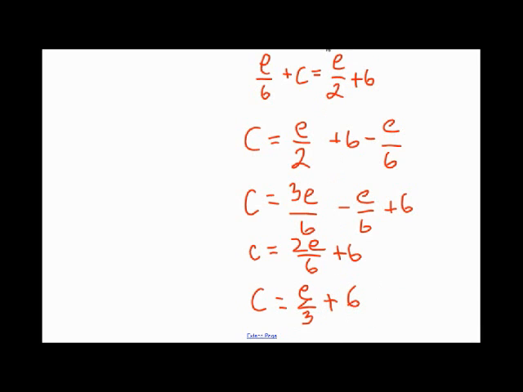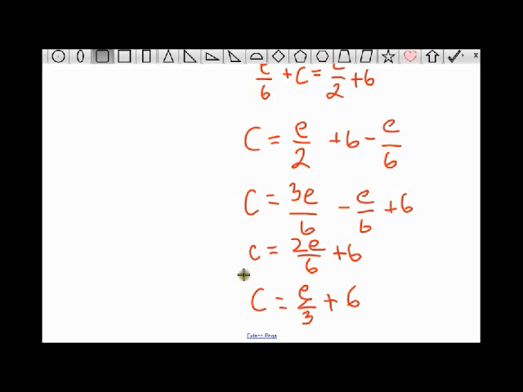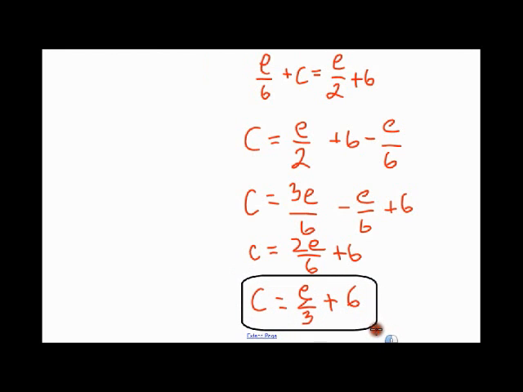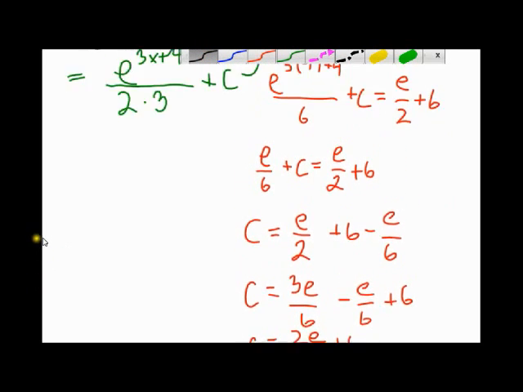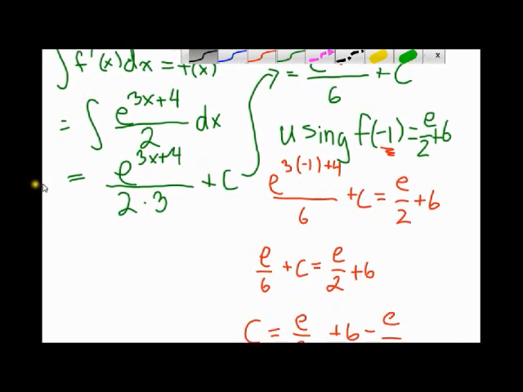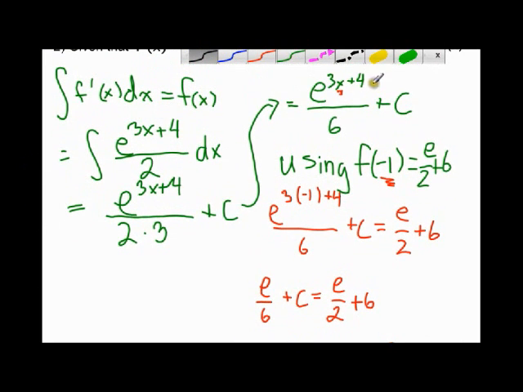Okay, so we're not done per se. All we found out is that c is equal to e over 3 plus 6. Okay, but we also know that the function f of x that we're looking for is right here.